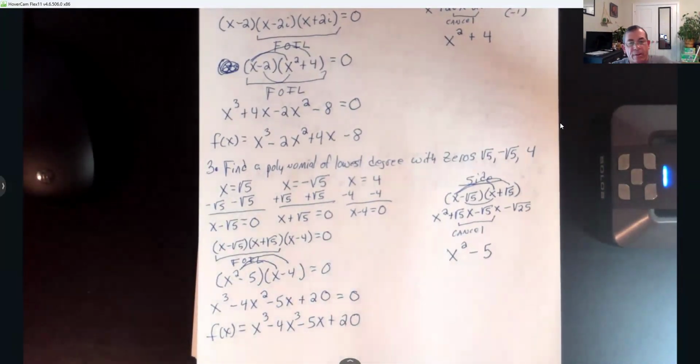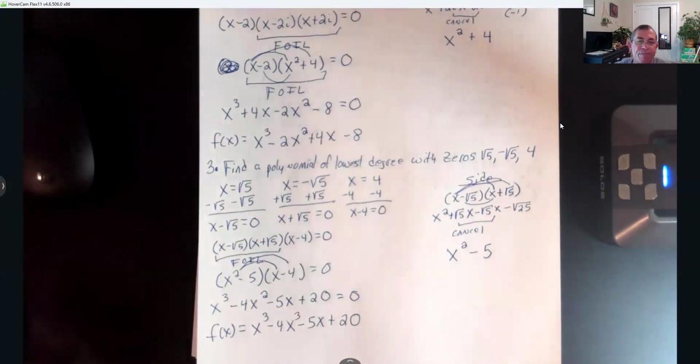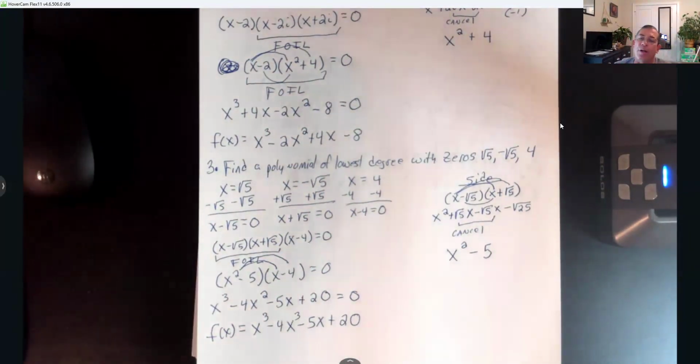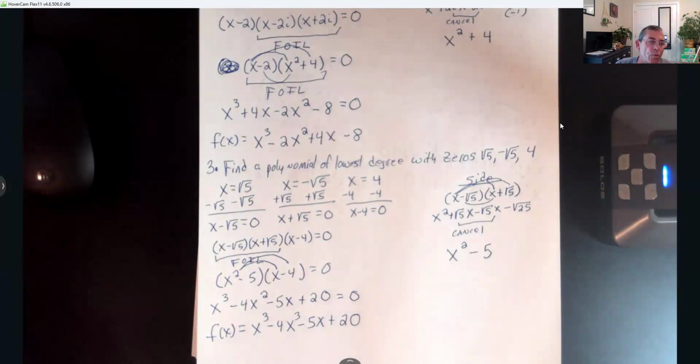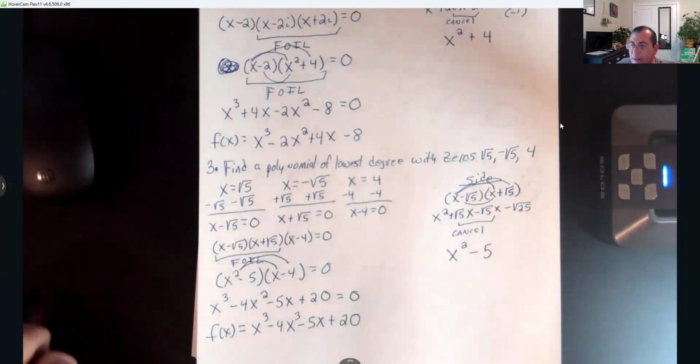All righty, so that gets us through the first 3 in 8-4. They deal with finding a polynomial if you know the zeros, okay? So y'all, when we come back, we're going to learn more stuff about zeros, and then we'll continue on, okay?